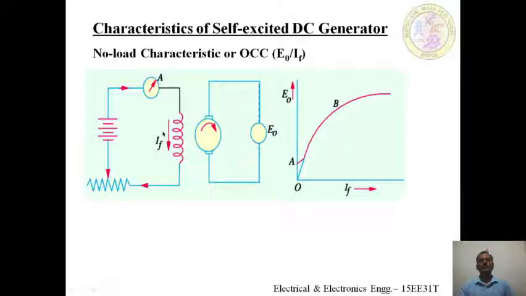OCC for a self-excited DC generator, whether it is a shunt generator or series generator, is obtained in a similar way.